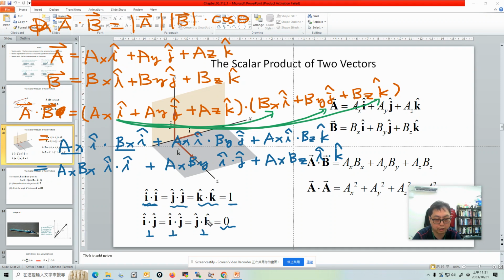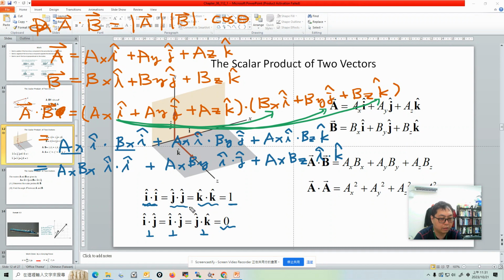You can check this by yourself using this formula: theta is always 90 degrees.